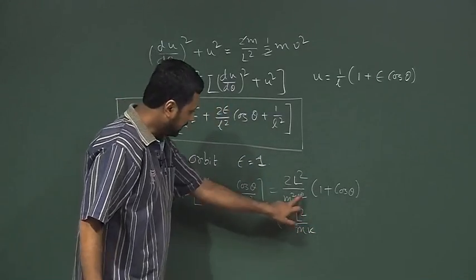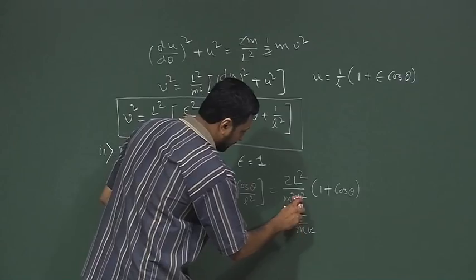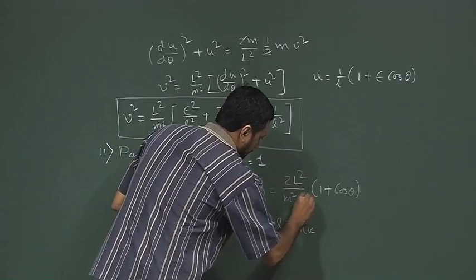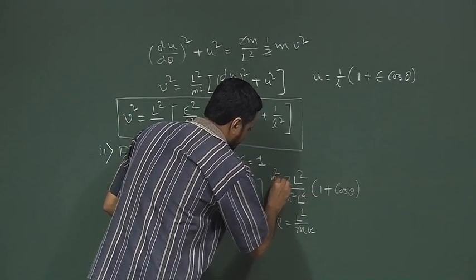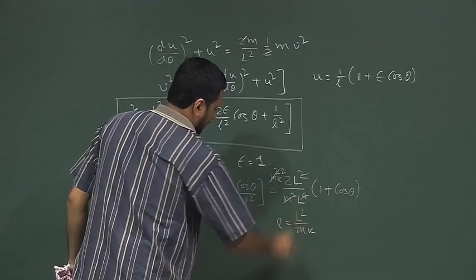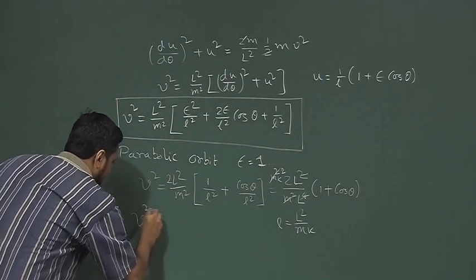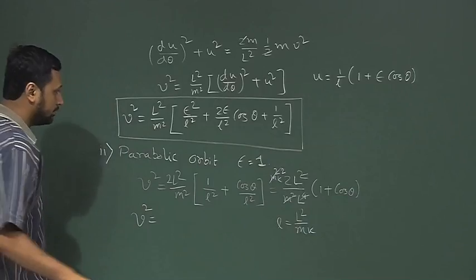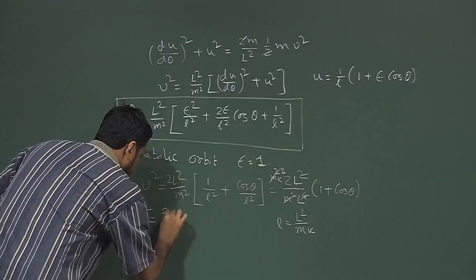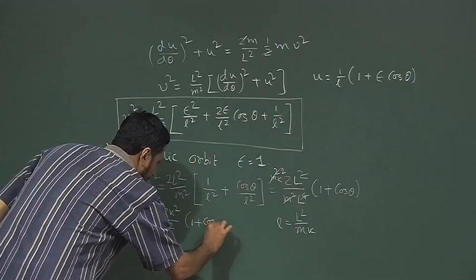If you do the substitution here, then we see that it will be L⁴ over m² k². So, it will be L⁴ times m² times k², m² goes, you have 1 by L² left, and without surprise you get the expression which is given in the problem set as 2k²/L² into (1 + cos θ).